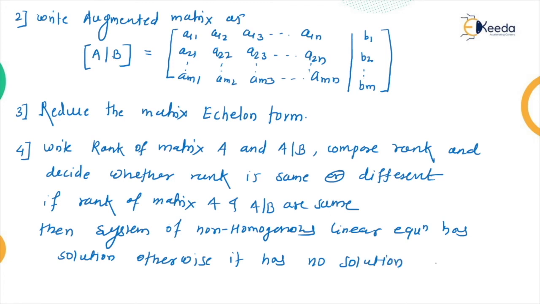That is step number 4. After comparing the ranks, you have to decide whether the system is consistent or not. If consistent, it has a solution, and then you take the next step.